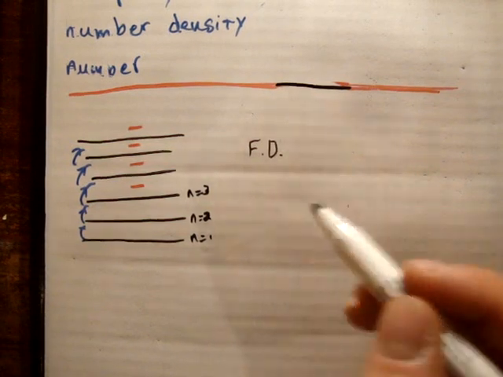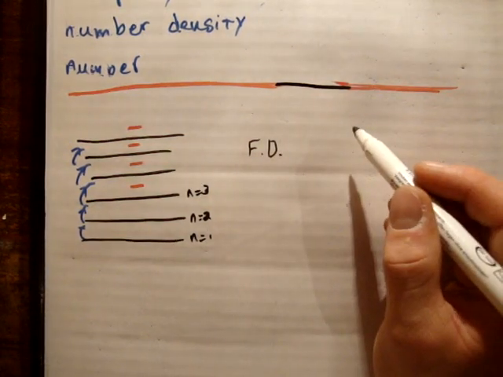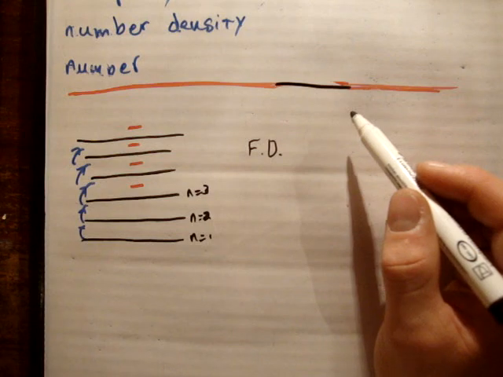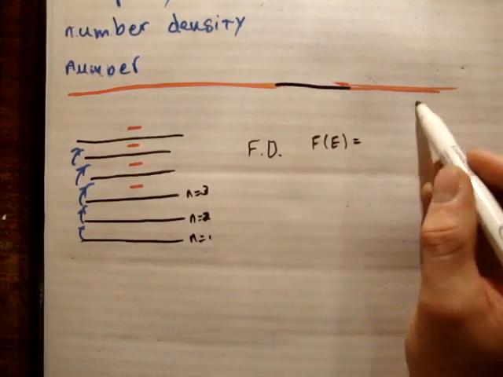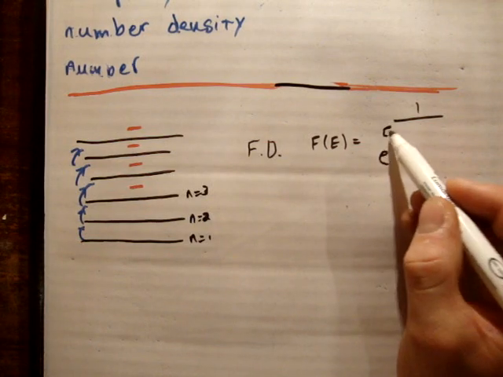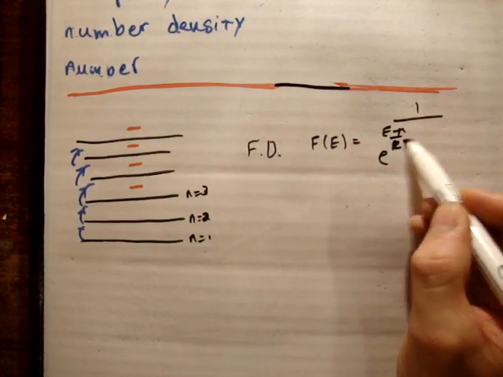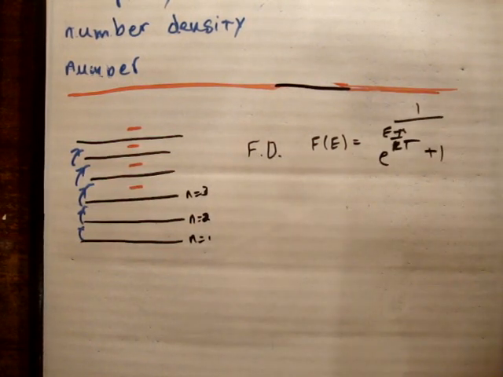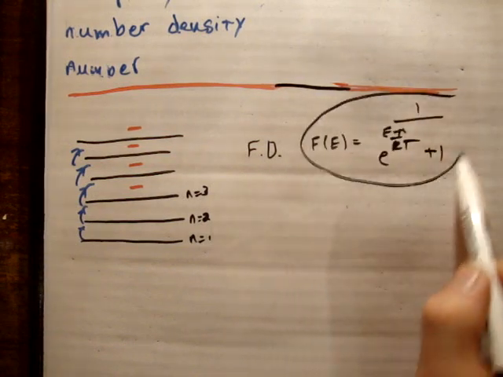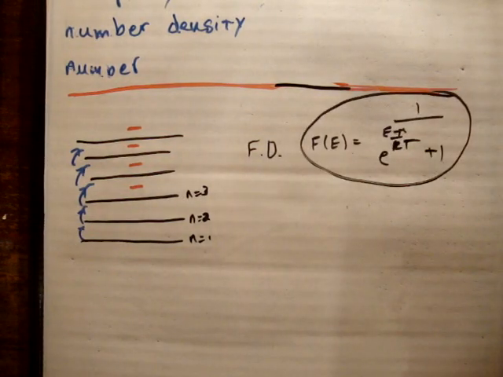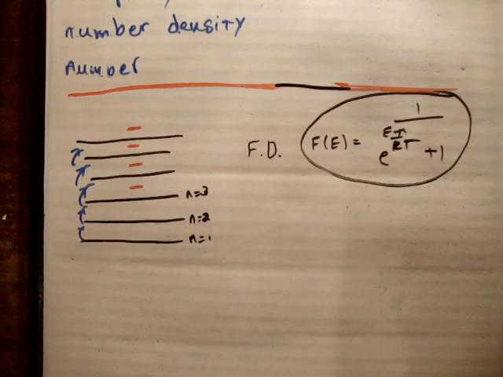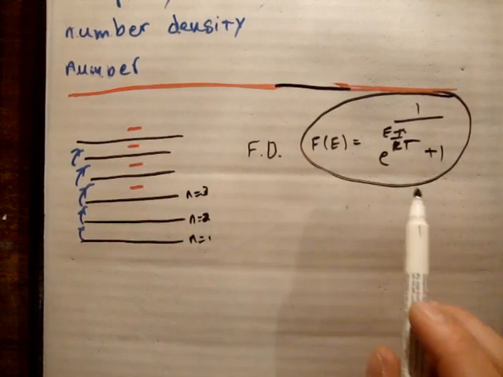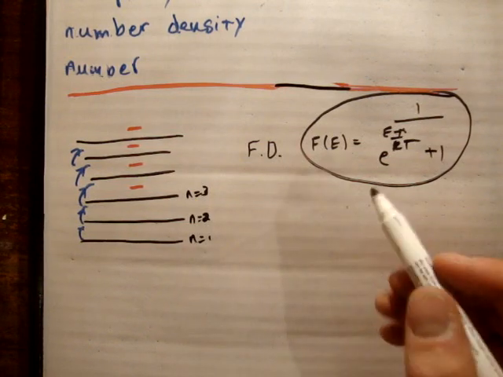Electrons obey Fermi-Dirac statistics, so if you want to know the probability of a state being occupied, f of E is equal to 1 over e to the (E minus mu) over kT, plus 1. This gives you the probability of a state, or a seat, being occupied.